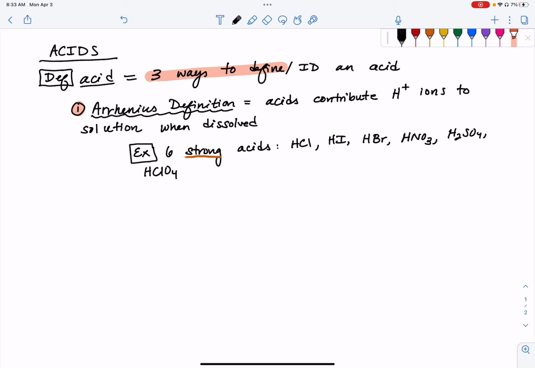For example, the dissociation of HCl into solution generates H+ ions and Cl- chloride ions. Because I see full dissociation, meaning my H+ and my Cl- were completely separated from one another in solution, this is what makes me a strong acid. And because I have generated H+ in solution, this is what makes me an Arrhenius acid.